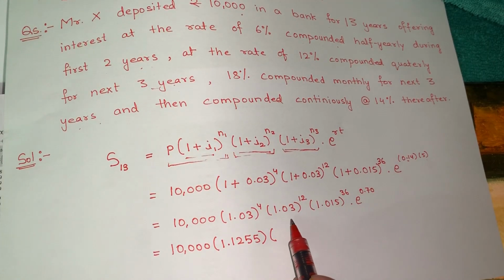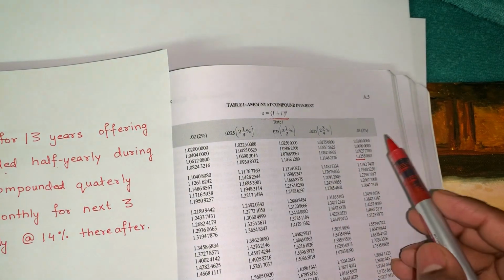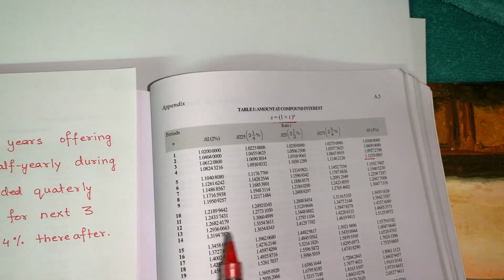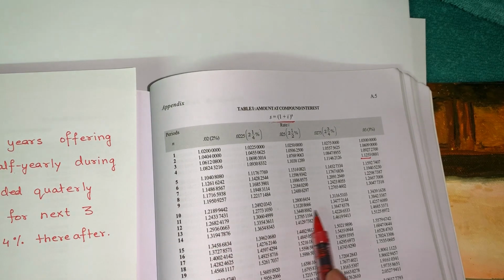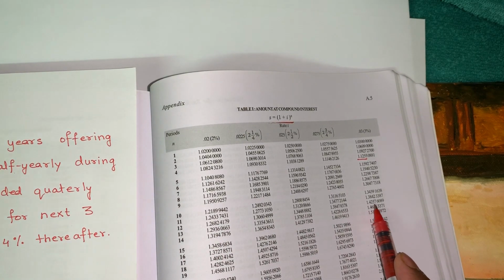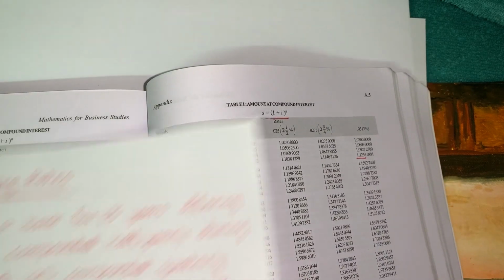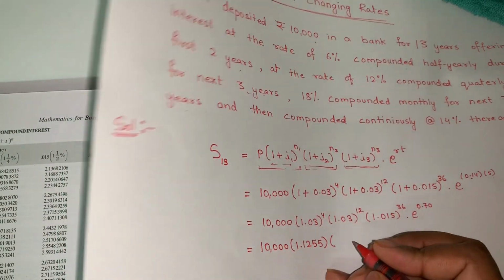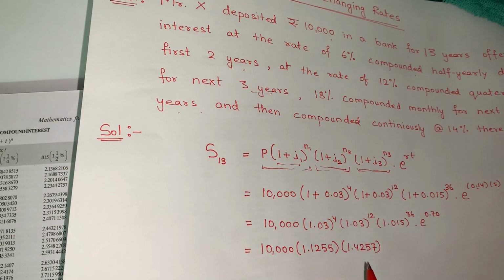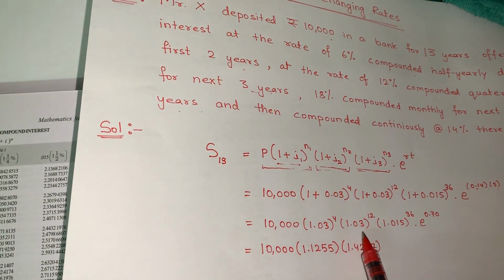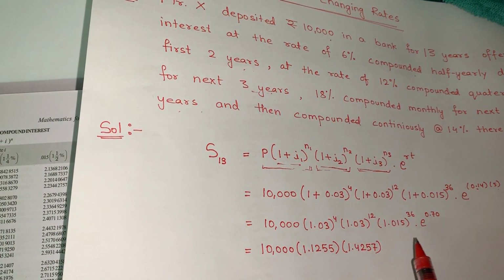Next is again 1.03 to the power 12. So again in the same table, for 3% we look for n equal to 12. For n equal to 12, what do we get? We get 1.4257. I have written 1.4257 in place of 1.03 to the power 12.